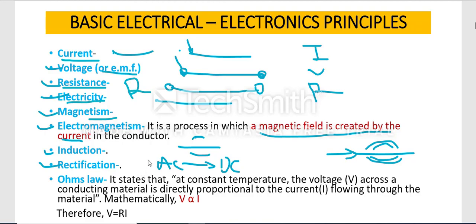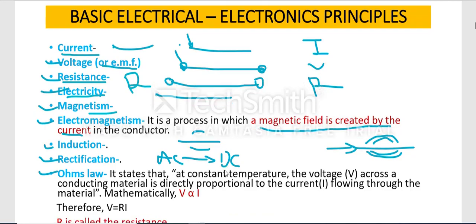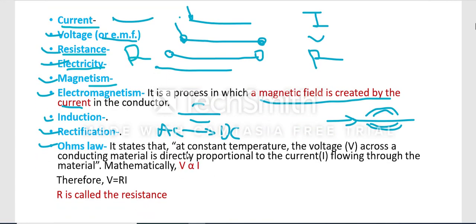The next point is Ohm's law. This is a very basic law in electrical. For 2 marks there may be a question in your examination, so remember Ohm's law. What is Ohm's law? It states that at constant temperature the voltage V across a conducting material is directly proportional to the current flowing through the material.